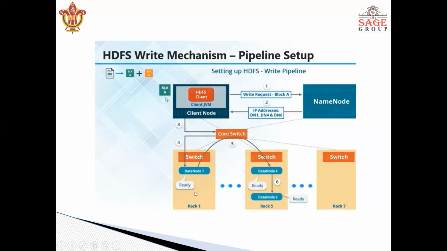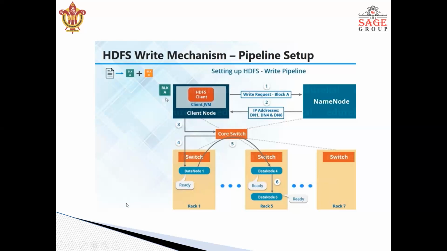If data node 1 is ready, the write request goes to data node 4 through the core switch. Then if data node 4 is ready, the write request goes to data node 6. Like this, the pipeline is set up for writing a particular block in this Hadoop structure.